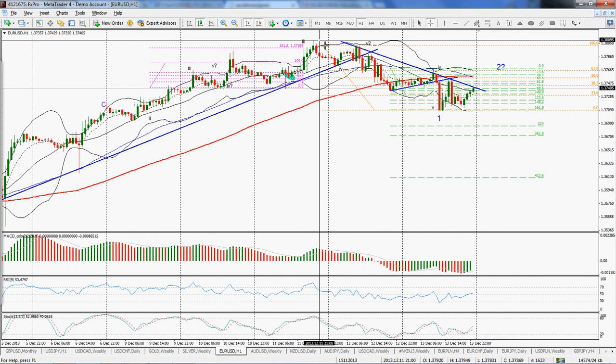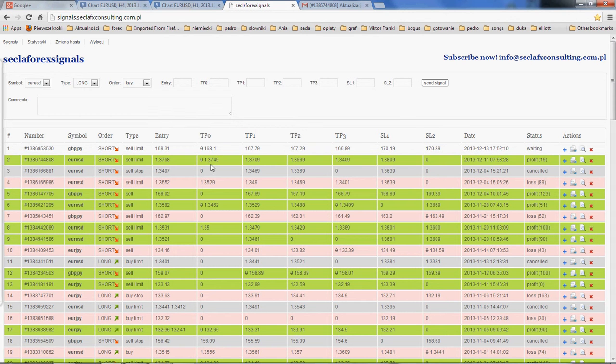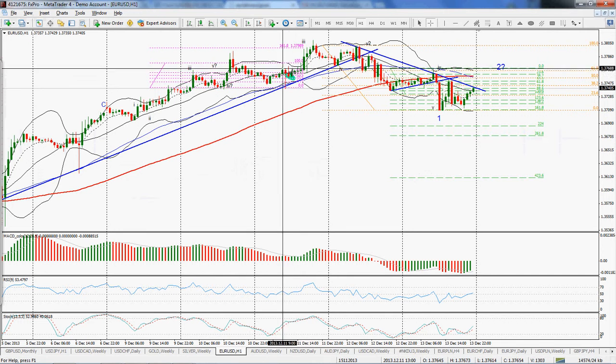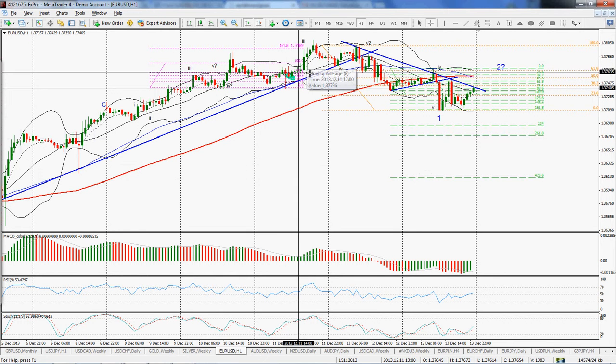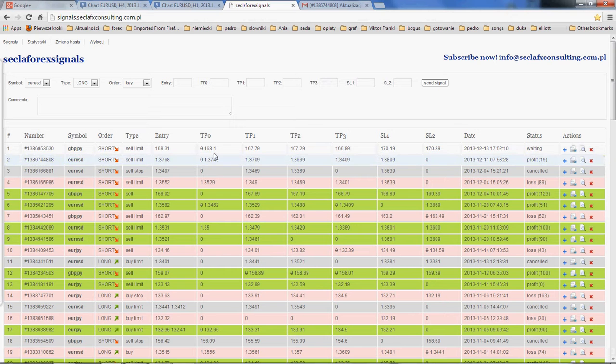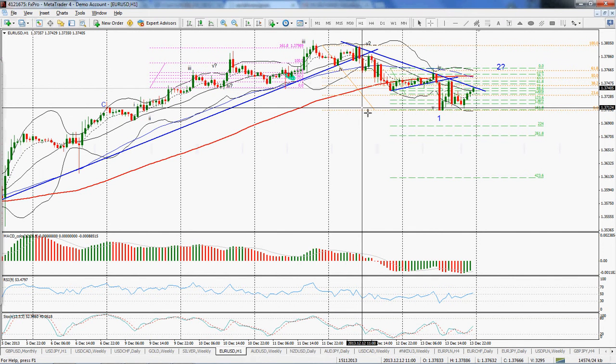Okay, so this is quite important. If I send it, it means there are reasons for that. So in that case you could have closed this trade, having in mind that there was a TP0. Okay, good.